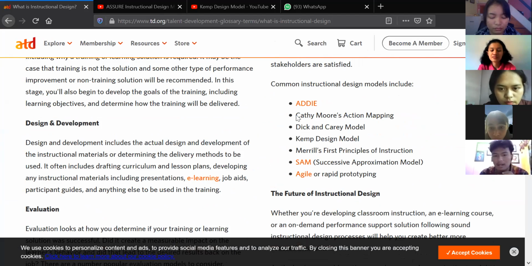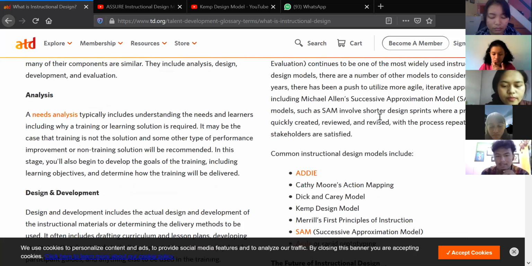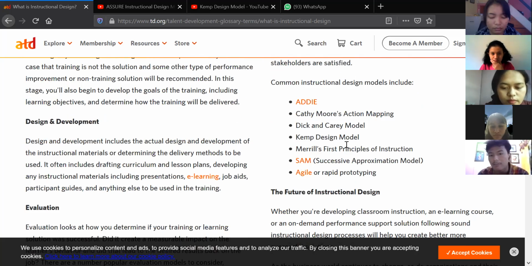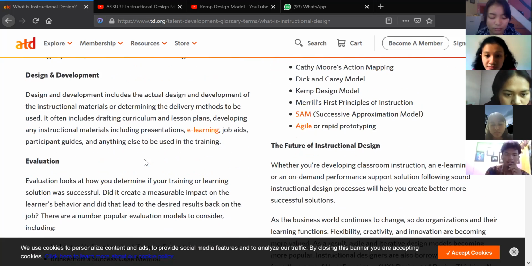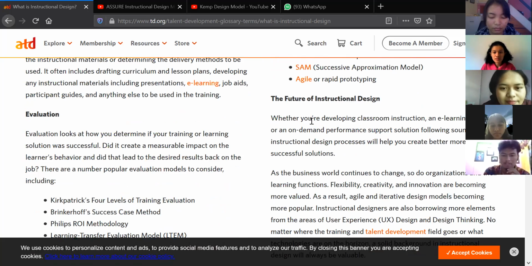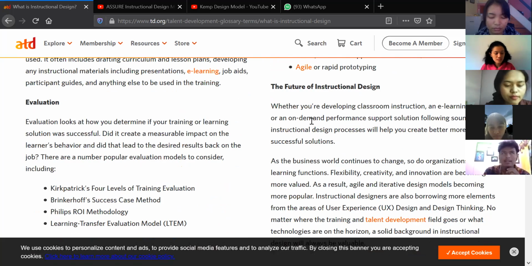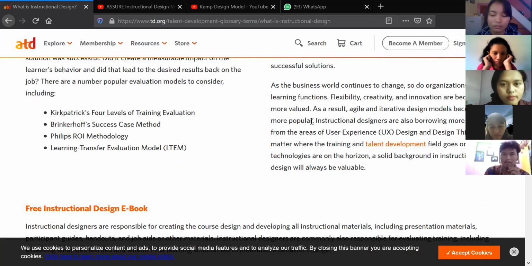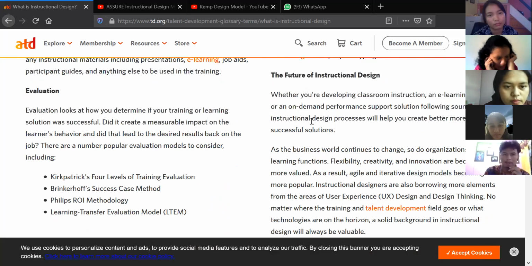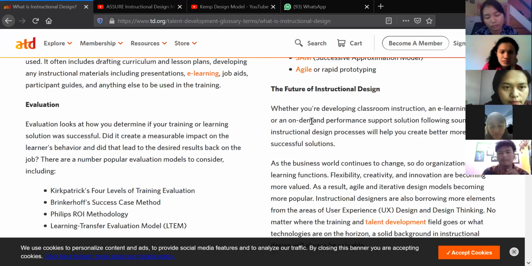I found that there are a lot of them. There are more than 3 models that we could implement, but according to the text, we only have 3 of them. You can also read about the others, and then the design and development, evaluation, and the future of instructional design itself. I think this website provides enough information to know what instructional design is, and if we want to implement it in our teaching.